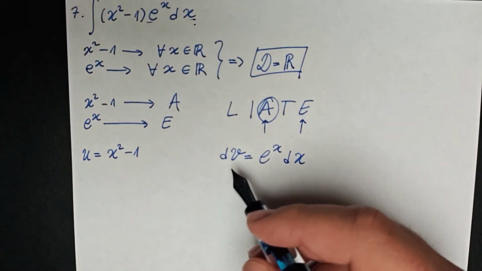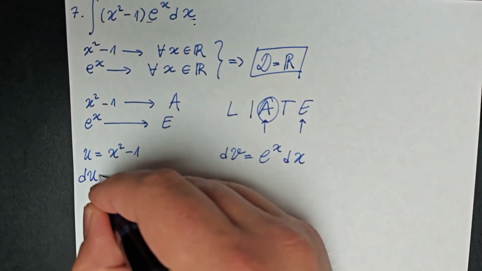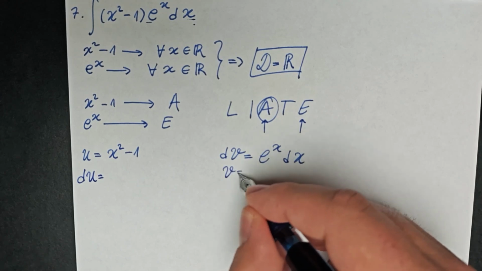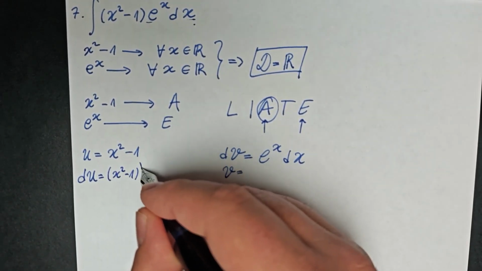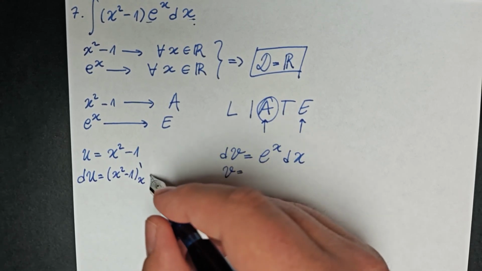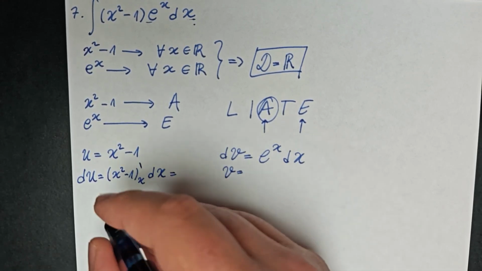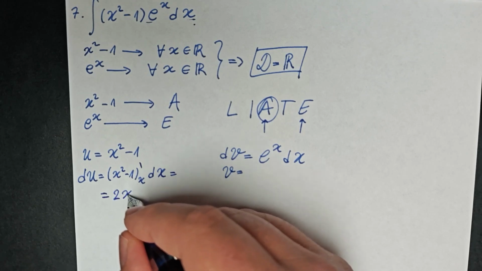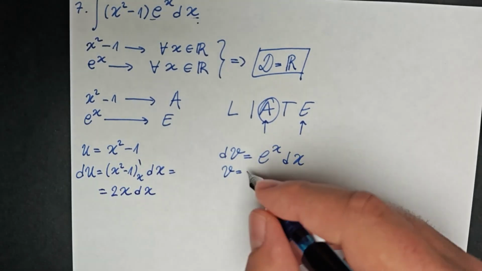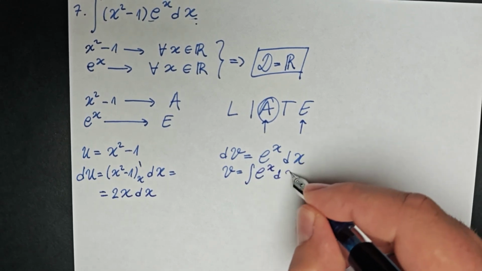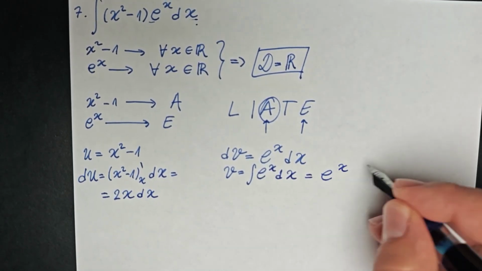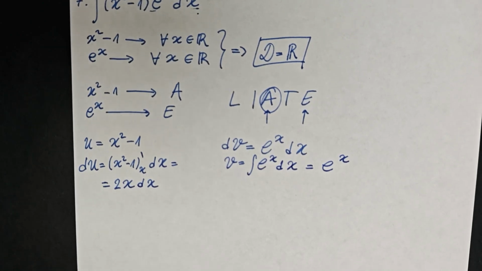At this point we just need to calculate du and v. So the differential of u is the derivative of x squared minus 1 with respect to the x variable multiplied by dx, and that is 2x dx. And v is an integral of dv, and that is e to the power x dx, which is just e to the power x.